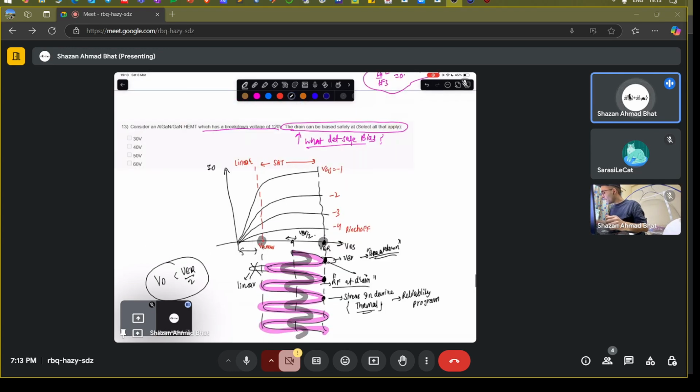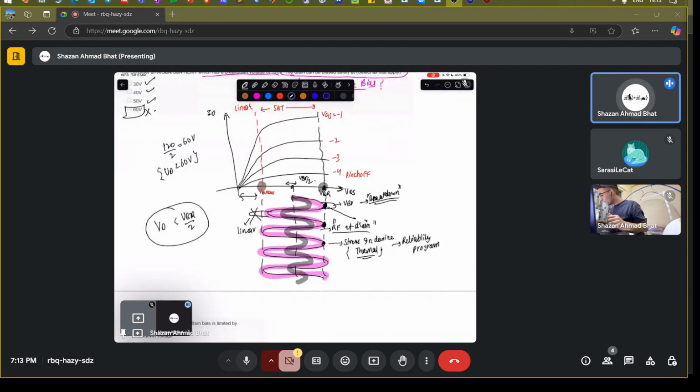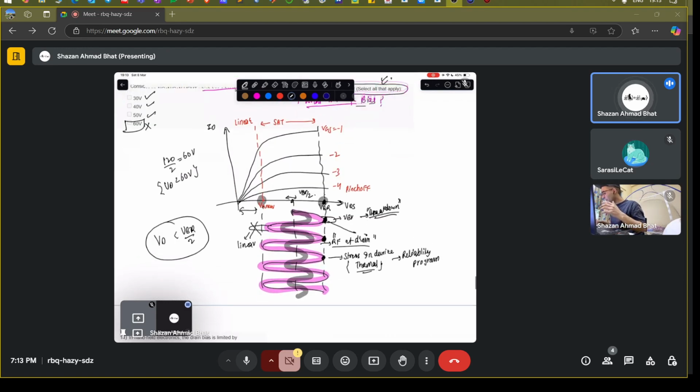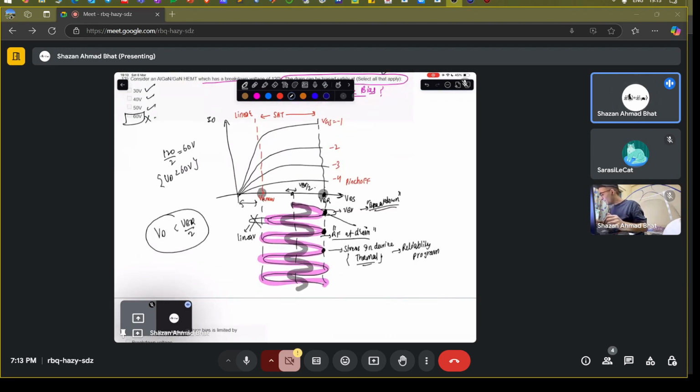Accordingly, the safe bias will be 120 divided by 2, which is 60 volts. So VD should be less than 60 volts, which is the safe limit. This is the correct answer, and the exact 60 volts is not correct because it will be almost going towards the breakdown voltage, which will cause stress on the device.